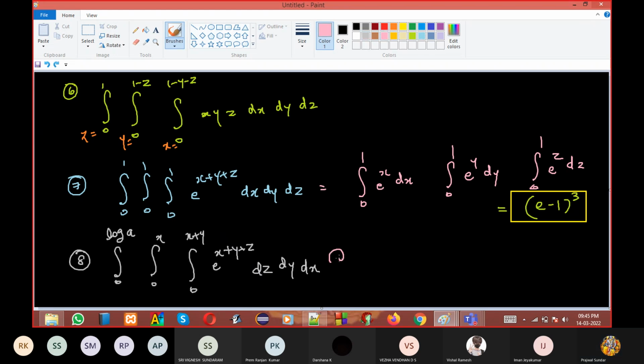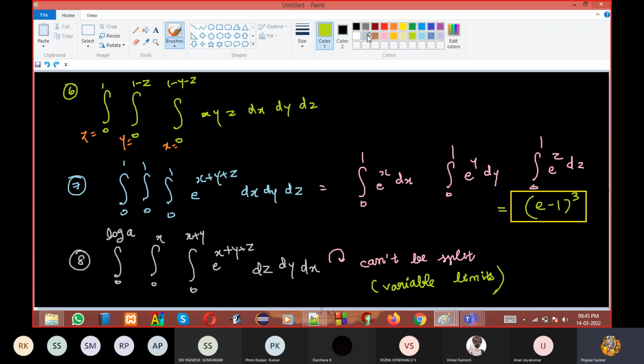Question can't be split because there are variable limits. So don't rush the question. The moment you see you can separate, don't separate. It should be separatable, and at the same time you should have constant limits.